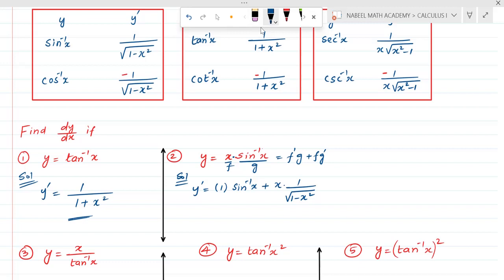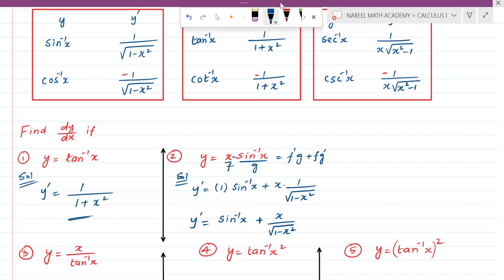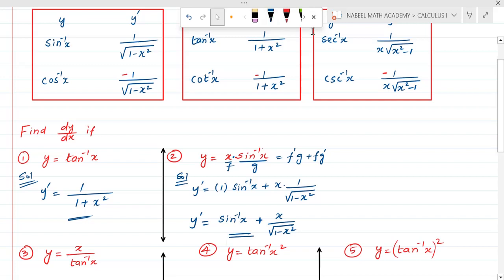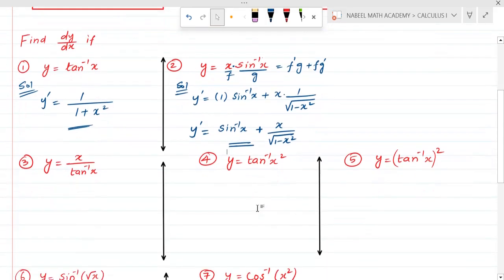The final step is writing it as terms: sine inverse x plus x over square root of 1 minus x square. This is the final answer. Here we are using the product rule.